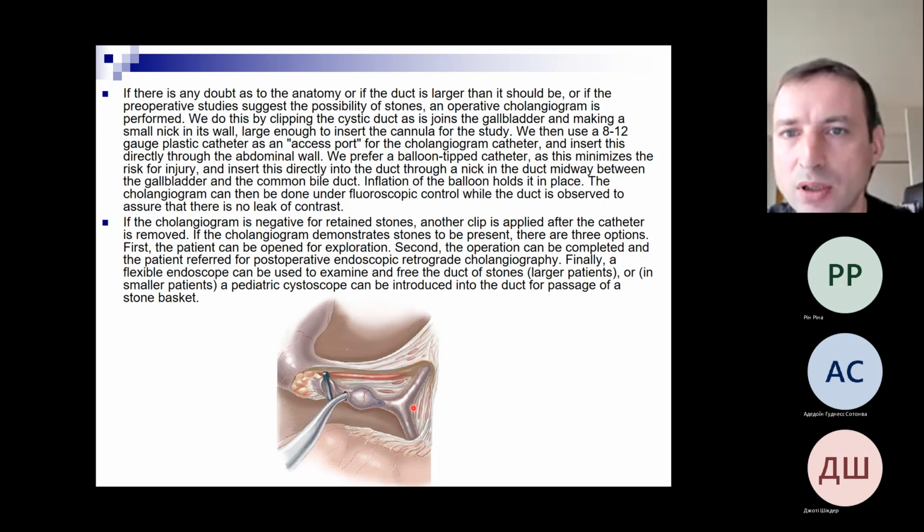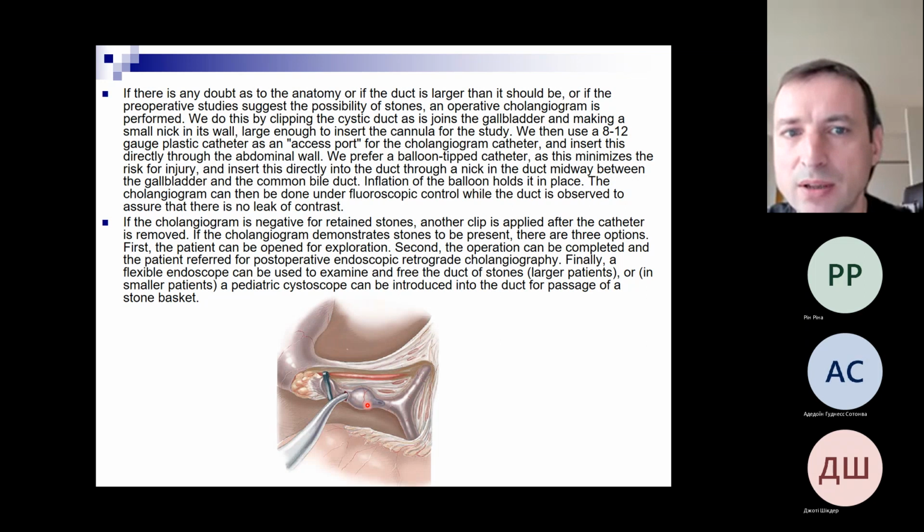We prefer a balloon-tipped catheter as this minimizes the risk of injury, and insert this directly into the duct through a nick in the duct midway between the gallbladder and the common bile duct. Inflation of the balloon holds it in place.